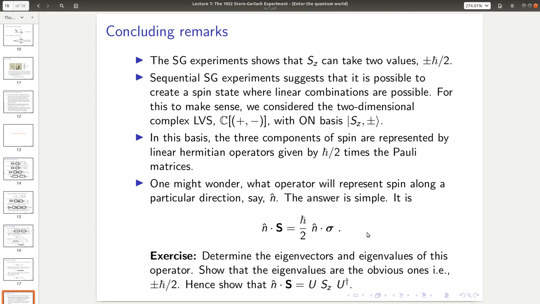But there are these weird configurations which correspond to neither up nor down, but some linear combinations of them. And so we argued that you have to describe the quantum state of a spin as a vector in a Hilbert space. The next lecture will move on to the postulates of quantum mechanics, and we will use the spin system as a very important example to illustrate the basic ideas, and maybe we'll do a little bit of generalizations before we proceed.